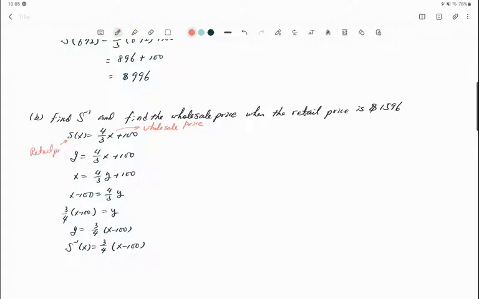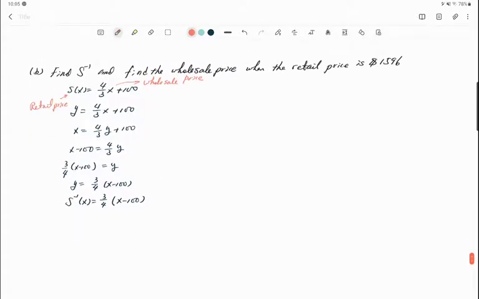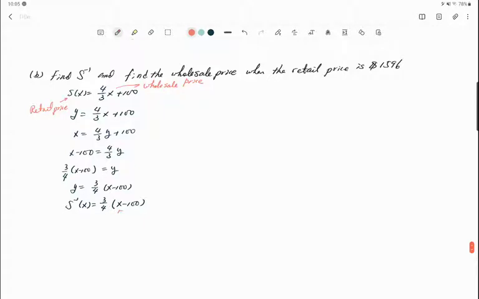So once we make an inverse, then this x will be the retail price. So once we plug in the retail price, the output will be the wholesale price. All right. So as you see, find the wholesale price when the retail price is this one, right?